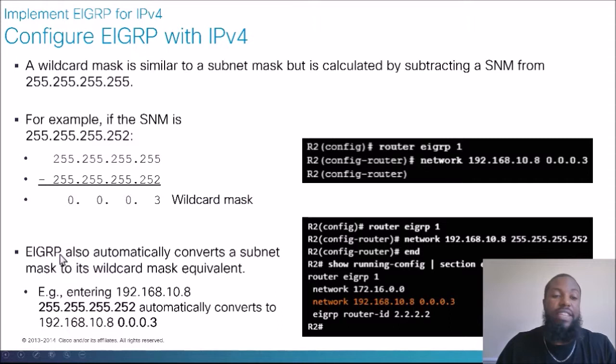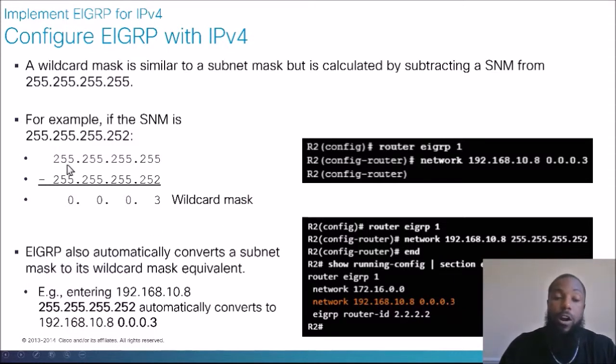One thing to note is that EIGRP automatically converts a subnet mask to its wildcard mask equivalent. So if you type in just 192.168.10.8 and then the subnet mask 255, when you do a show run, as you can see right here, it's going to convert it to 192.168.10.8 right here.